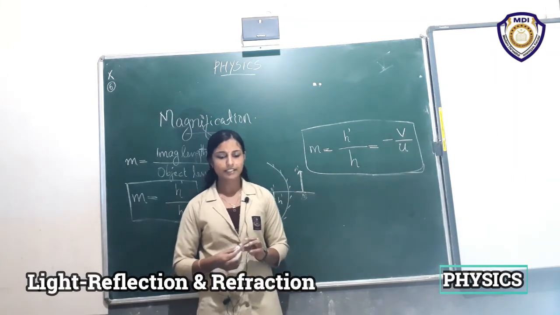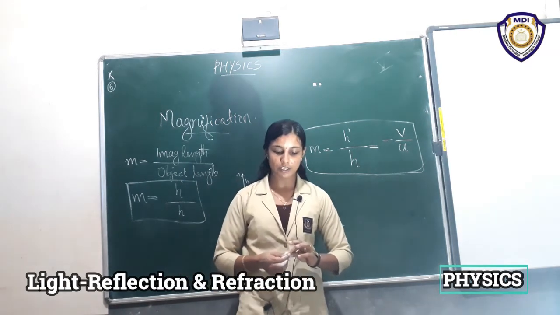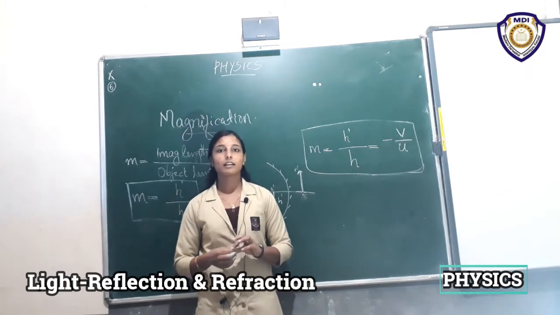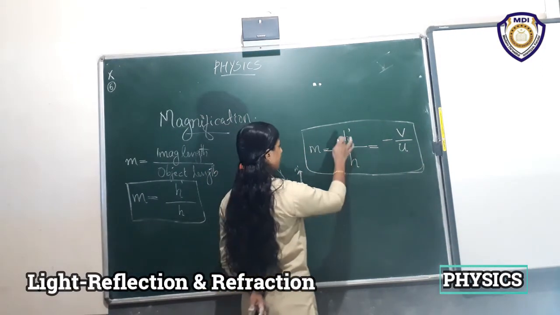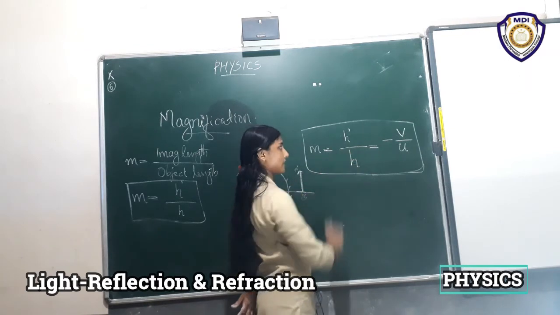A negative sign in the value of magnification indicates the image is real. We have m is equal to h dash by h.